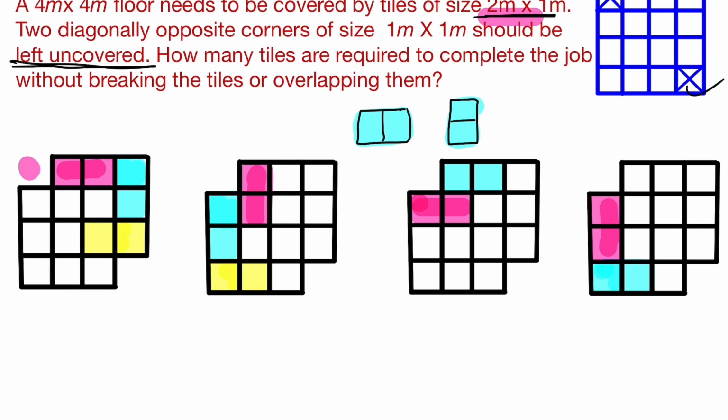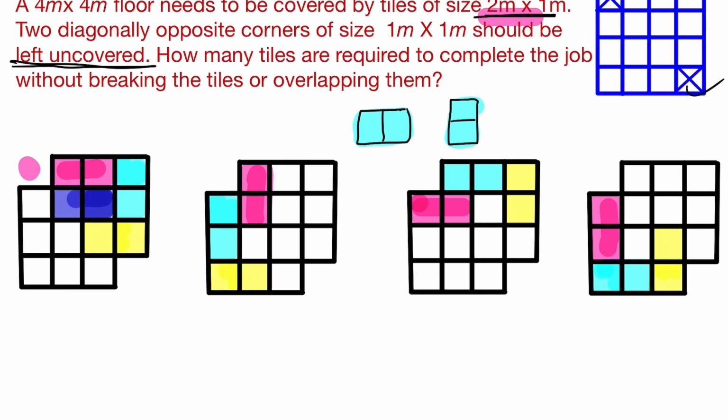Now here we have a 1 by 1 block, so we have to fill this first, so put this tile vertical. Again we have this 1 by 1 block, so in order to cover this we have to put the tile vertical. Now this is done. The next is this 1 by 1 block, so we have to put this tile horizontal.